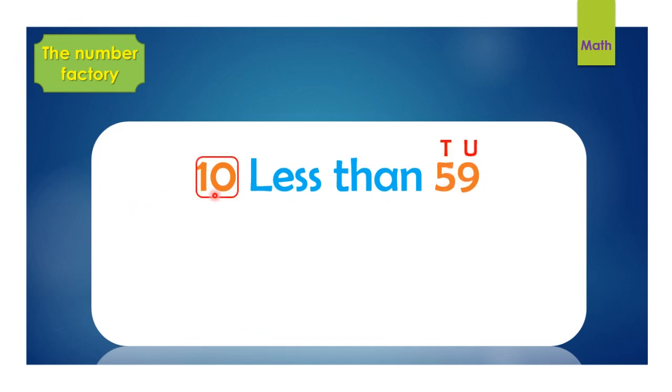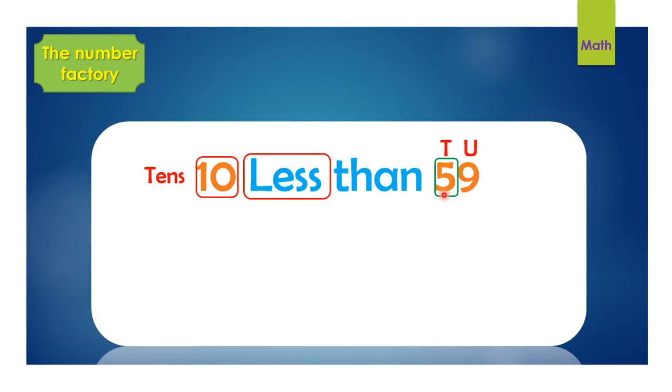And he wants to make 10 less. 10 means that I'm gonna change the tens. So let's change the tens, which means I'm gonna change 5. He said here 10 less, so I'll take away 10.